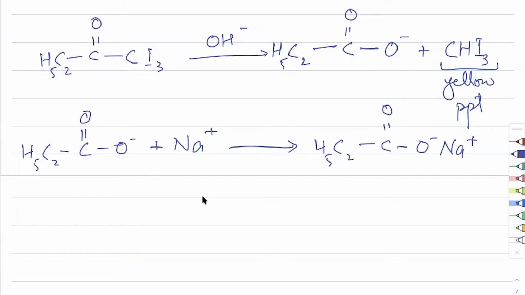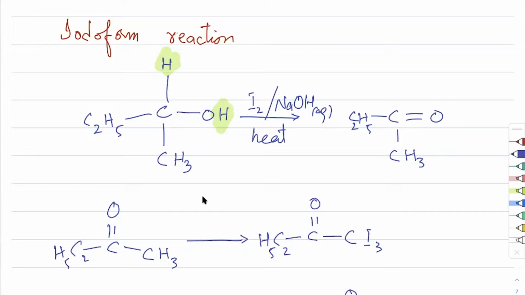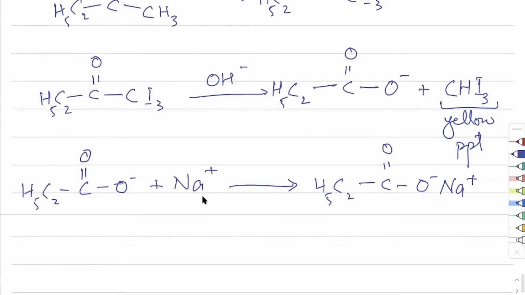And the negative ion forms an ester. Important thing to remember: the methyl group is going to go away, which means the carbon, if this was butanol, you will end up with something that is prop-, because one carbon has been taken away, the methyl has been taken away. So in general, what is the overall reaction?